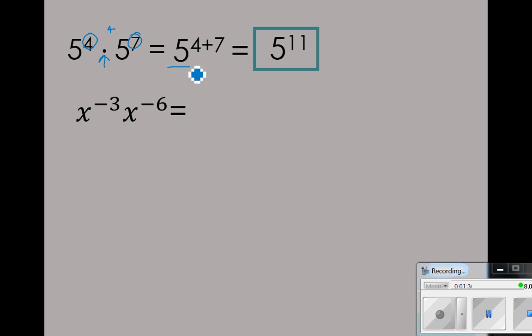Look at this one. This one doesn't have a multiplication symbol, but because there are two things that are right next to each other, it is going to be a multiplication problem. So we're going to keep the base and add the exponents.